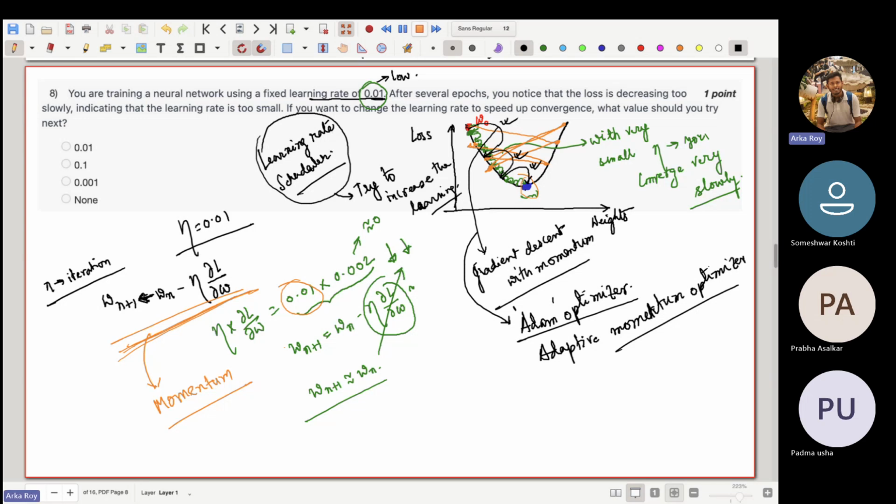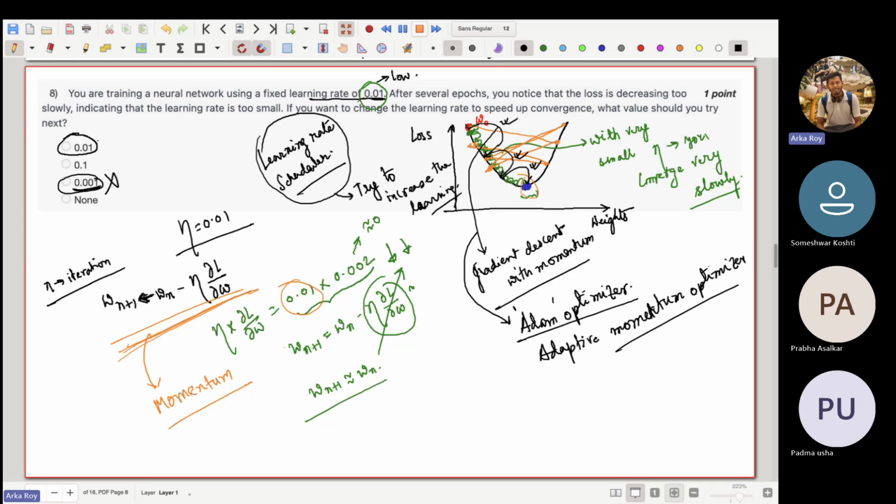So over here we started with 0.01. We need to increase the learning rate. Out of all these, here you are decreasing the learning rate further, so it is not the correct answer. You have kept the same learning rate, but the same learning rate will not help you. If you keep the same learning rate, then again and again it will take a large number of steps to reach the global minima.